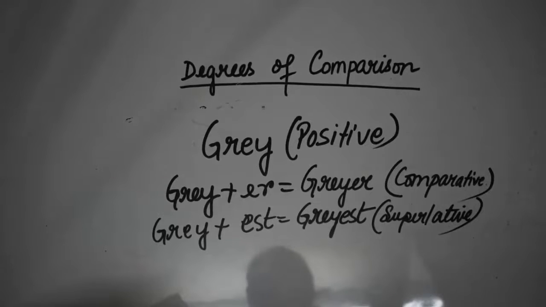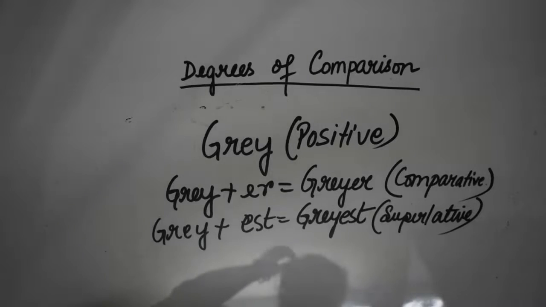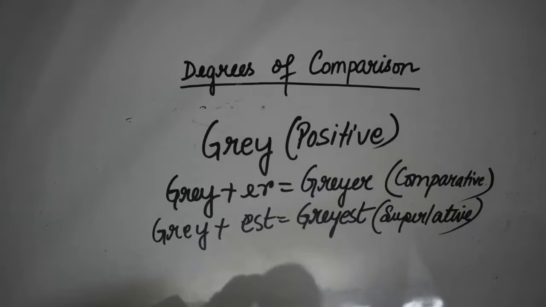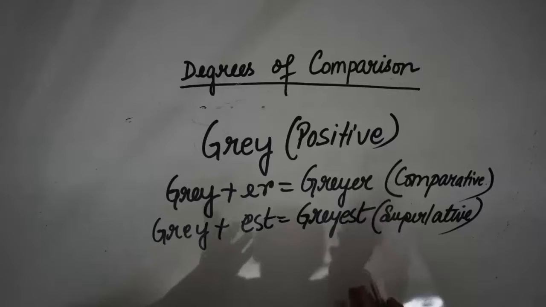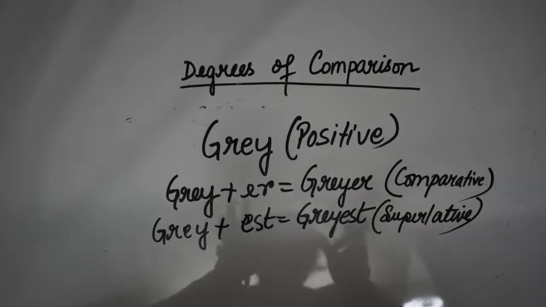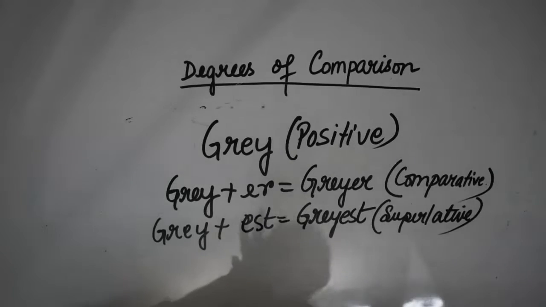There are a few words which fall under the irregular category, that is, no particular rule has been made, or rather the rules have not been clearly understood by any of the scholars who made these rules. You simply need to know that list, you simply need to memorize that list.